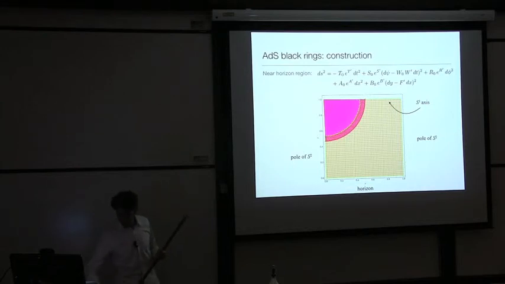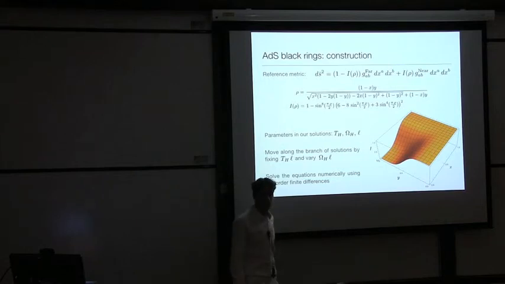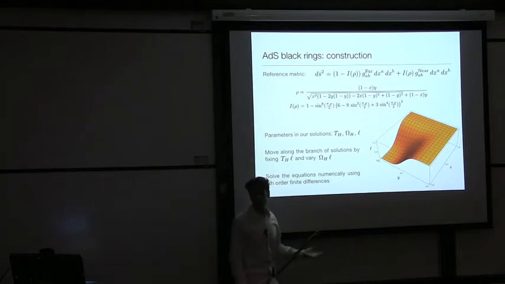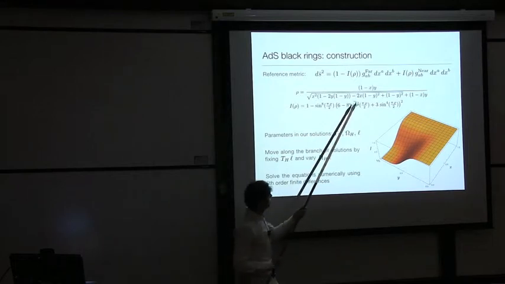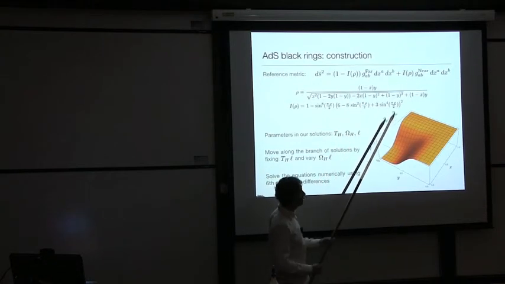Something else that we have to do in this business is to come up with a reference metric, because this essentially fixes our gauge. So we have to construct a metric on this manifold which satisfies all the boundary conditions, but as I said, does not solve the Einstein equations. Essentially what we do is set to 0 all our unknown functions, both in the far region and in the near region.